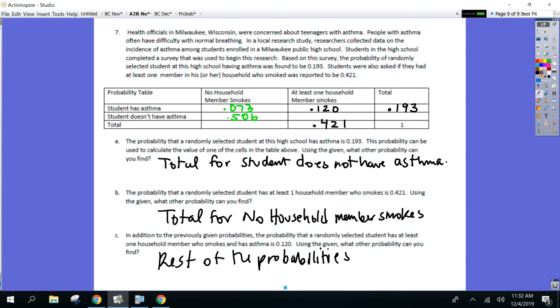Total, no household member smokes, 0.579. Good. At least one household member smokes, doesn't have asthma, 0.3. Got it. And then total doesn't have asthma. Good job. Okay, a couple things about your assignment you're about to do.